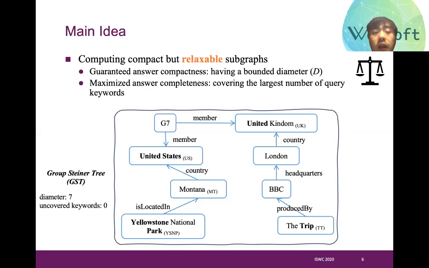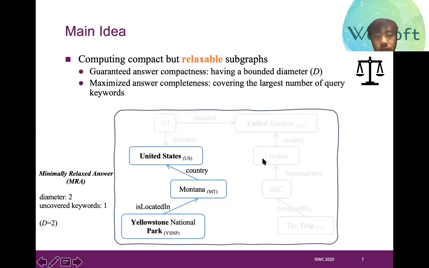Instead, we only aim at maximizing answer completeness. We want to cover as many query keywords as possible. So still for this example, instead of showing this GST, we choose to only return this very short path as an answer.